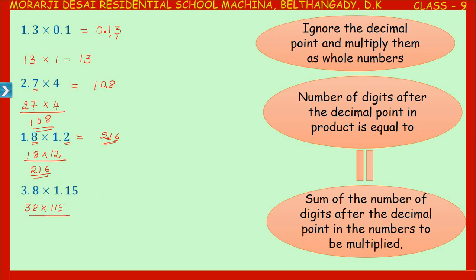Now multiply. 5 8s are 40, 5 3s are 15 plus 4, 19. 1 8s are 8, 1 3s are 3.